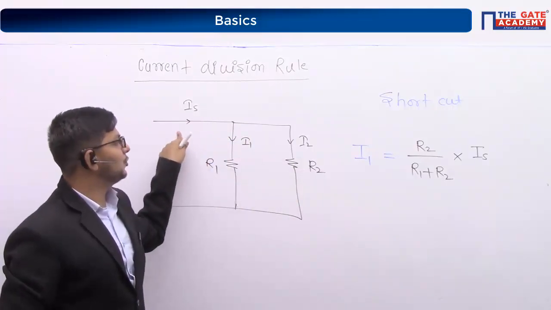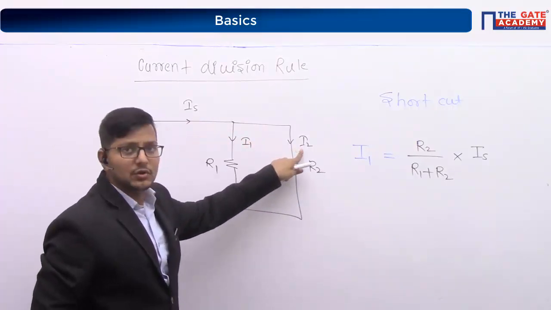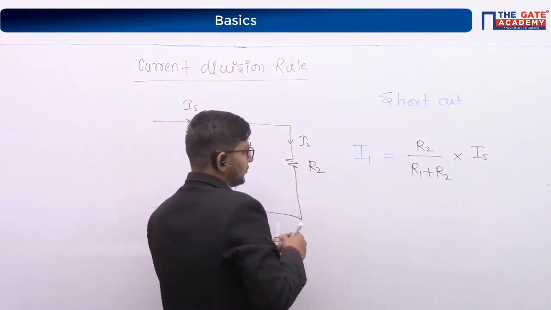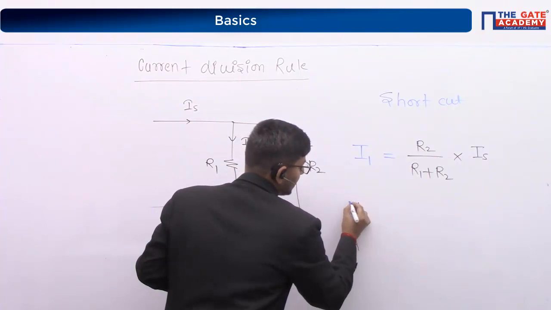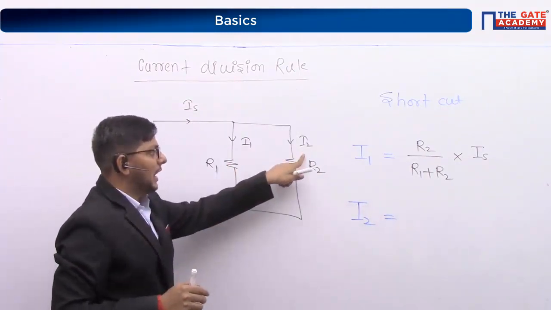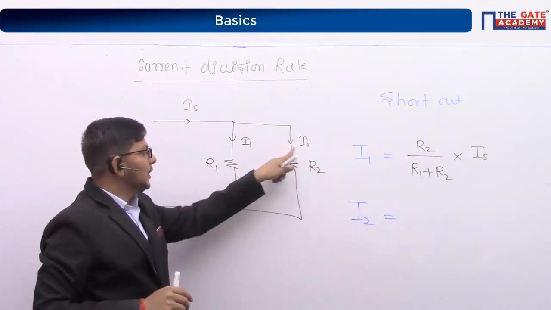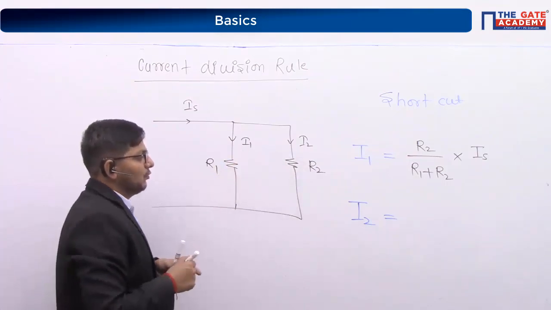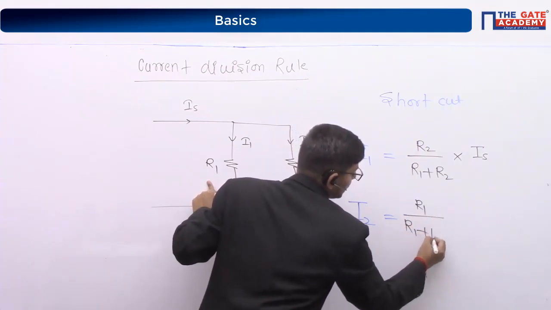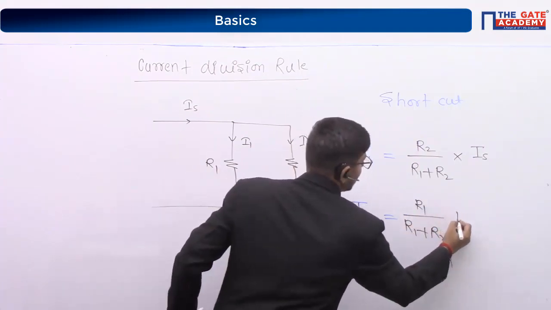Now we have to find the current I2. How to find the current I2? First you have to take the resistance of the other branch, I1's branch. What is that resistance? R1 divided by the total resistance R1 plus R2, into the total supply current IS.